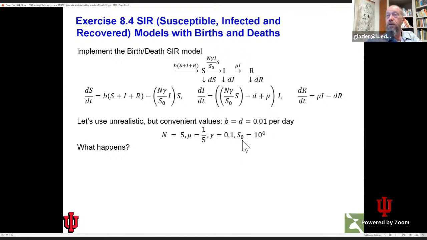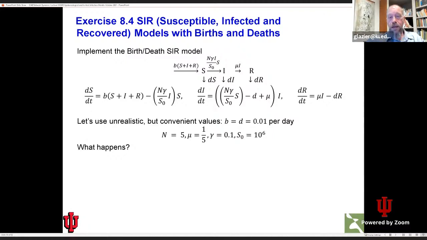So what I'd like people to do now is to take their base SIR model, add a birth term so that there's a source of S coming in, B times S plus I plus R, and have a death term where S, I, and R all die at the same rate. Is that a clear question? So why doesn't everybody try that to start out with and see how that goes?